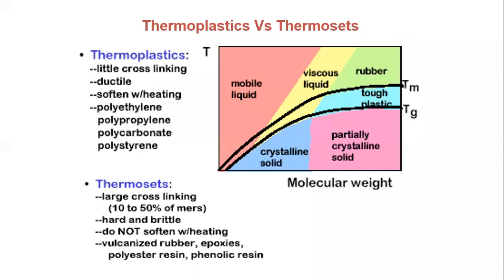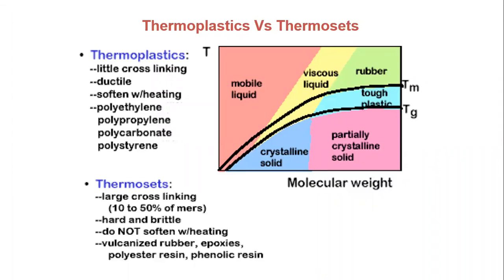So thermoplastics are melted when heating, and the best examples are polyethylene, polypropylene, polycarbonate and polystyrene. So these are the different examples of thermoplastics.